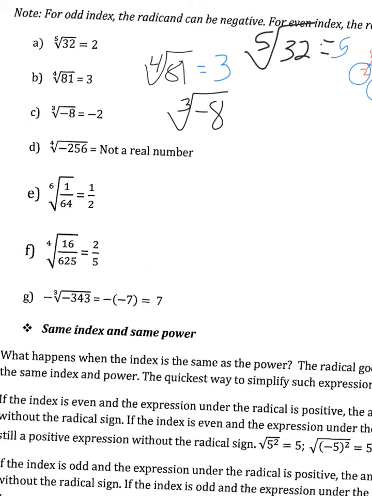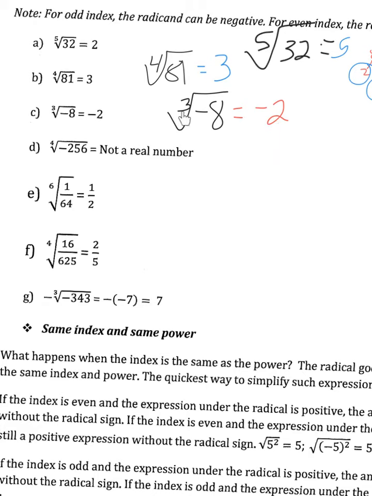The cubed root of negative 8 is negative 2, because negative 2 times negative 2 times negative 2, 3 of them, gives you negative 8. So if you have an odd index, it's perfectly fine to have a negative number in here. The root comes out to be negative.